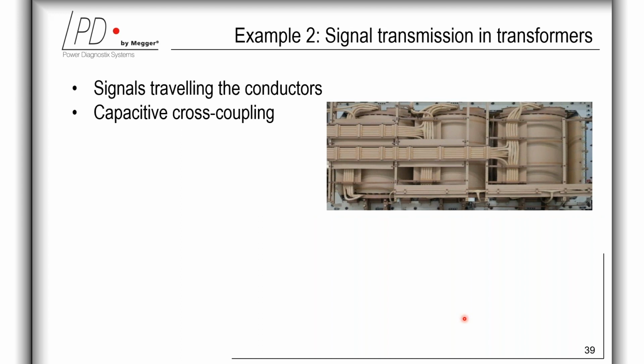Example 2 concerns electrical signal transmission in transformers. Whenever the high frequency partial discharge signal travels along an unshielded conductor, parts of the signals are radiated. This is also the case for the previous example, as for the overhang of a stator winding. Likewise, nearby overhang coils receive parts of the radiated signal, and this leads to cross-coupling.